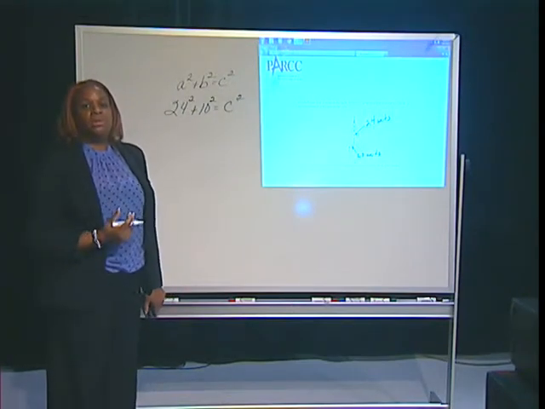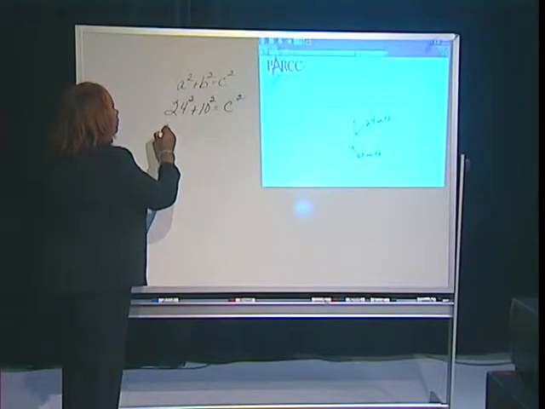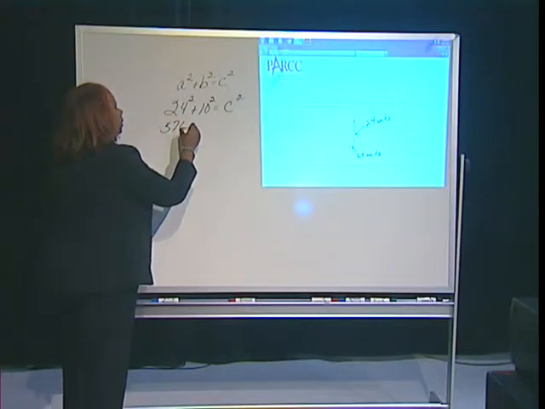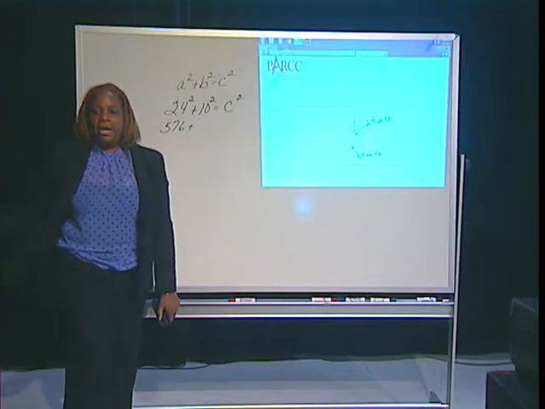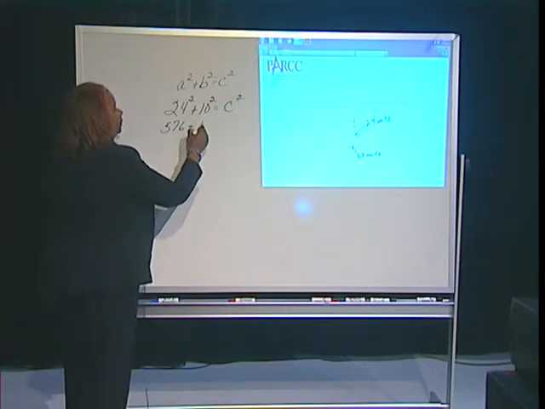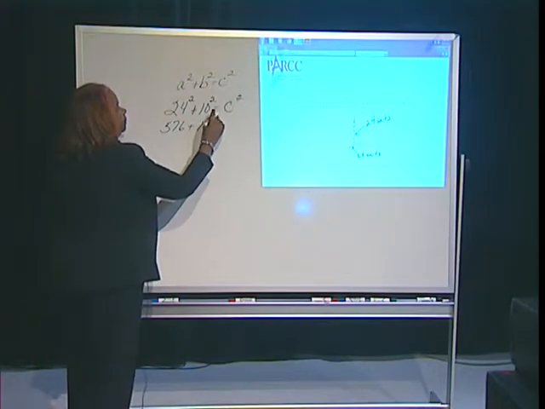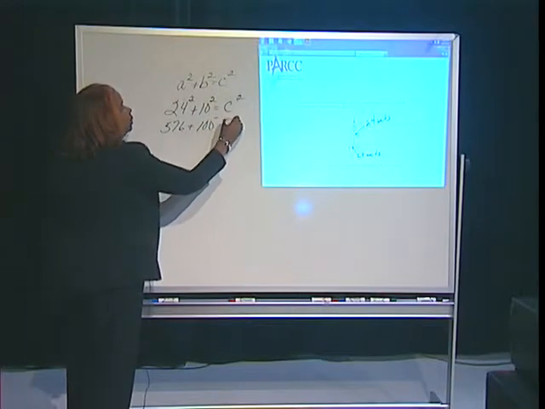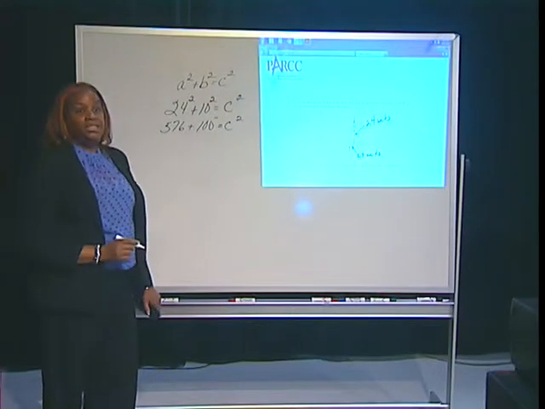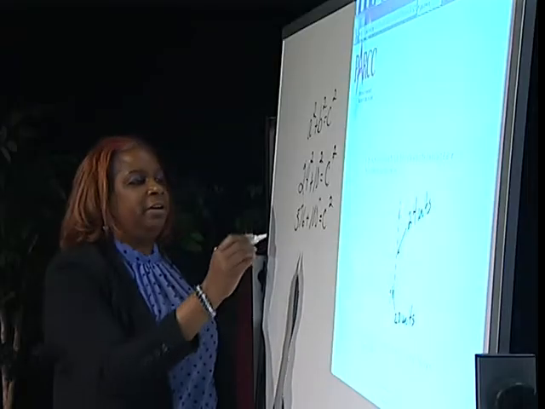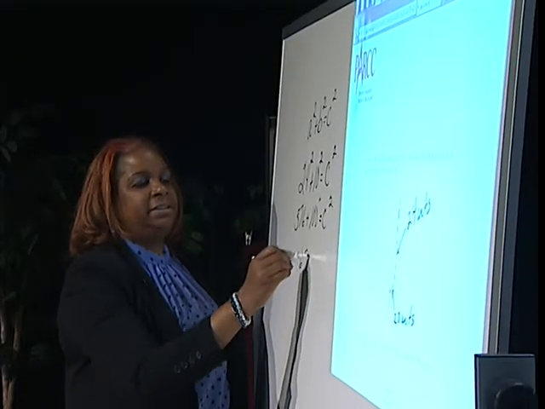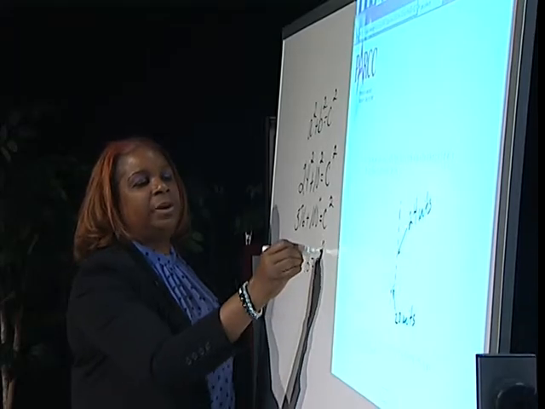24 times 24 will give you 576. 10 to the second power, or 10 squared, is your 100, equals your c squared. If we add both of those together, we will have 676 equals c squared.